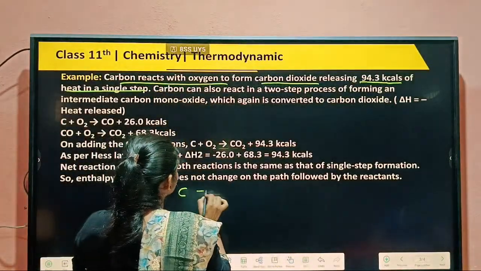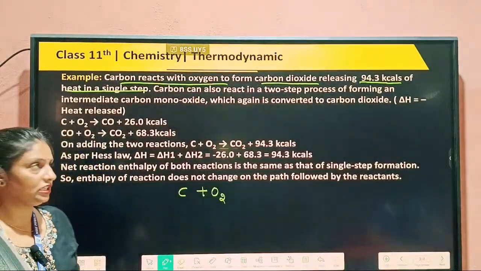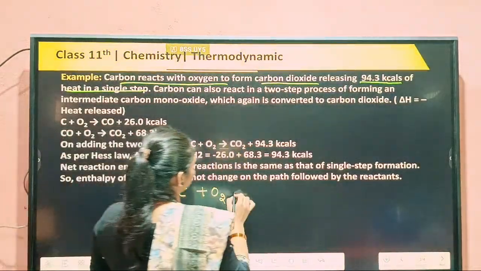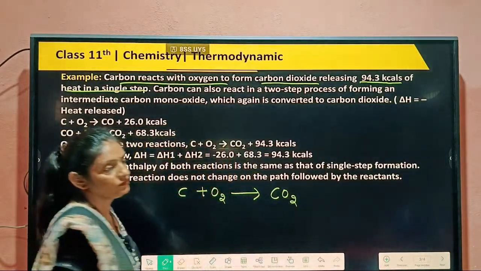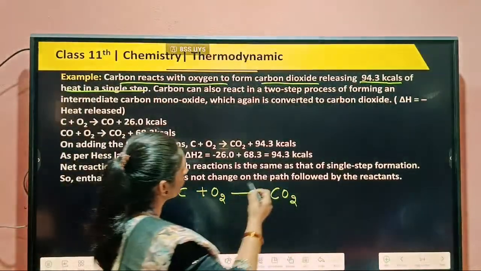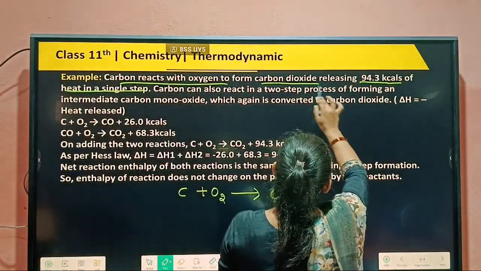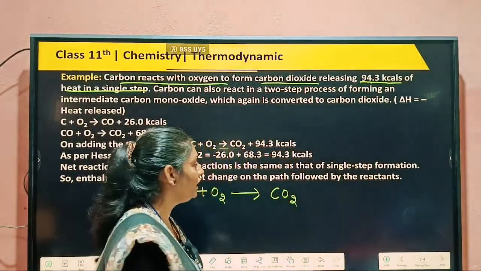It reacts with oxygen to form carbon dioxide. Then carbon dioxide formation releases 94.3 kilocalorie of heat.